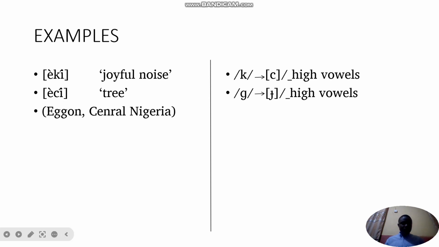The first goes with a velar k, the second with a palatal k. One word means joyful noise, and the other means a tree.